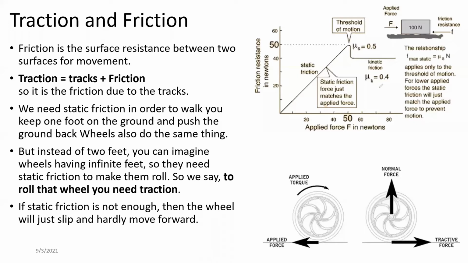In friction, there are two regions. I think you know this graph. This is the applied force against frictional resistance. Up to this section, we have static friction.